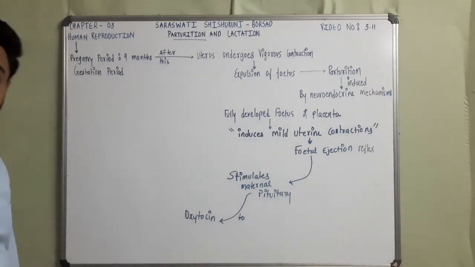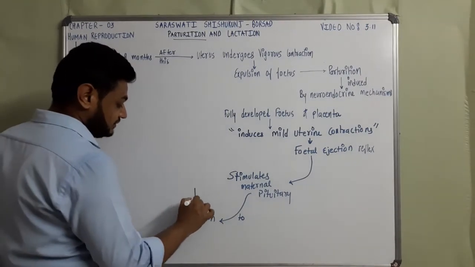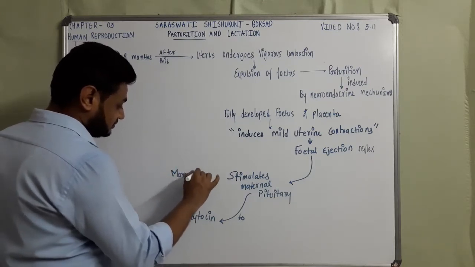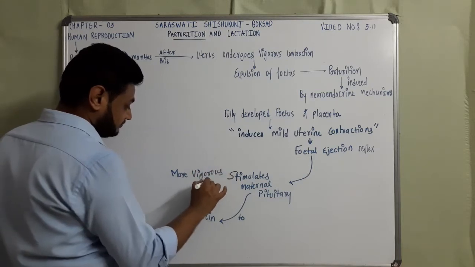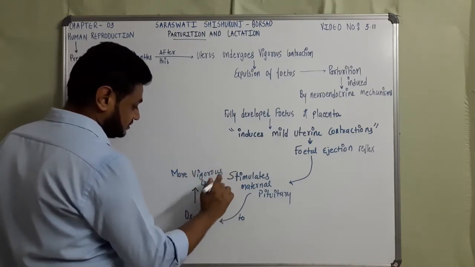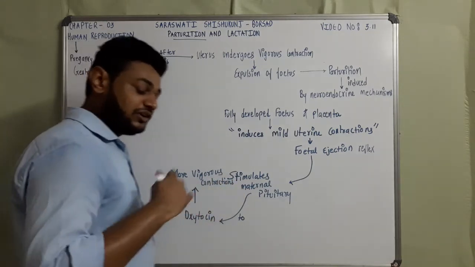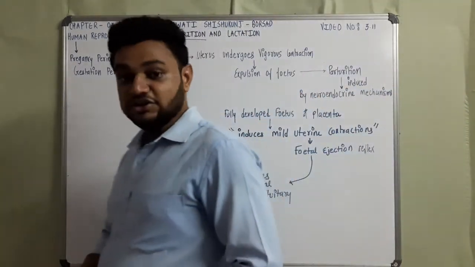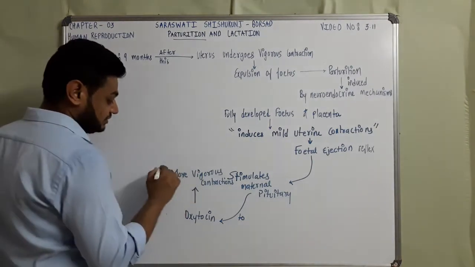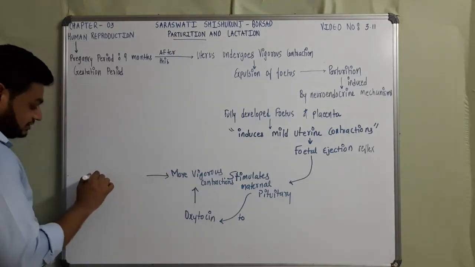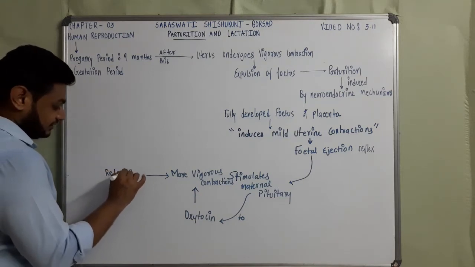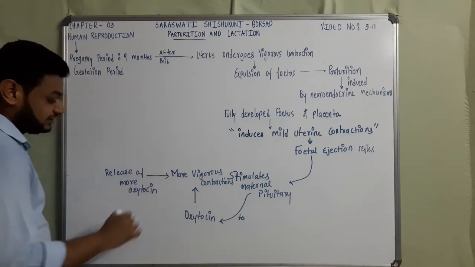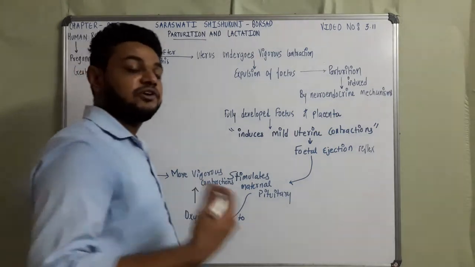This will induce more powerful contraction, so more vigorous contraction of the uterine muscles occurs. This more powerful contraction further induces the release of more oxytocin, which causes more and more vigorous contraction.